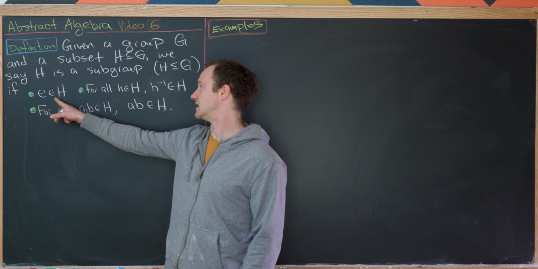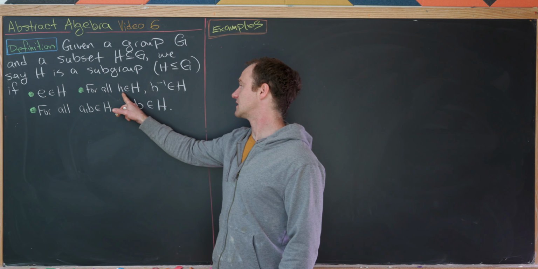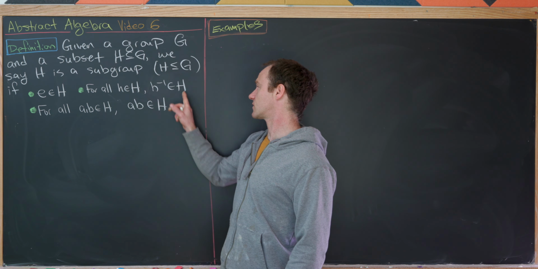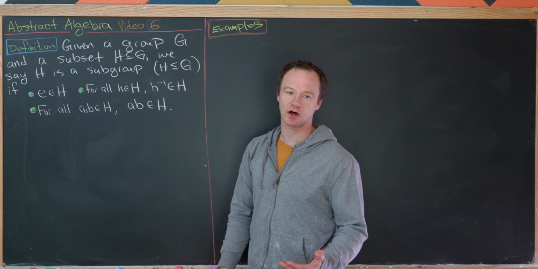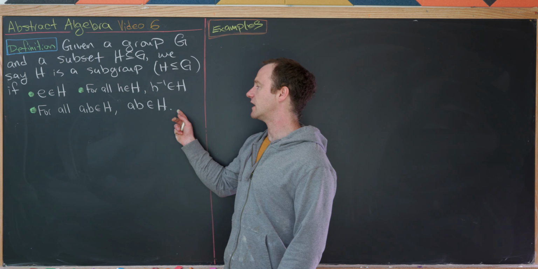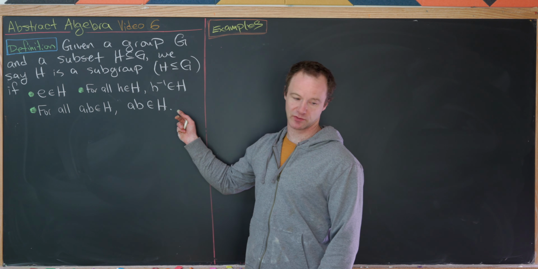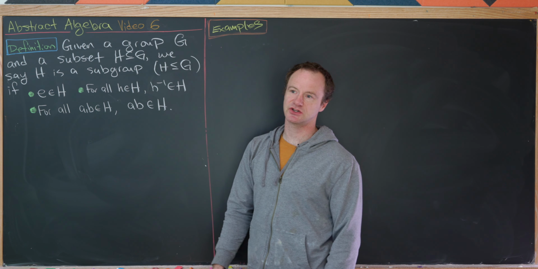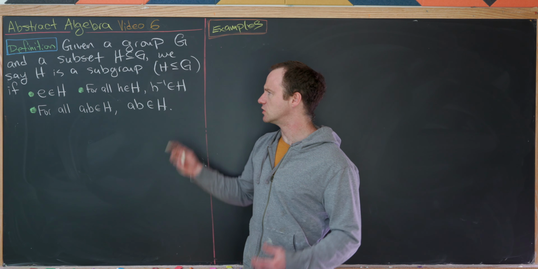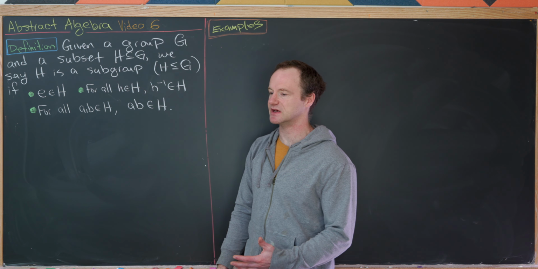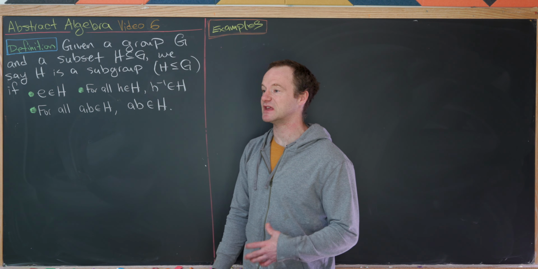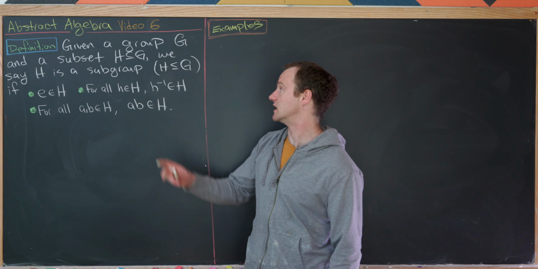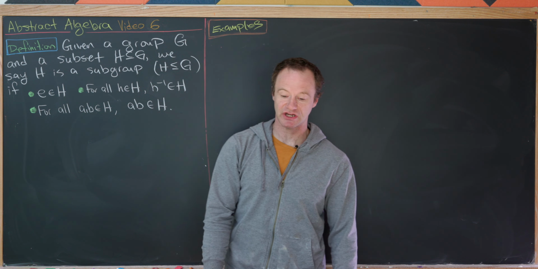If little h is in H, h inverse is in H, so it contains all of its inverses, and it is also closed under the operation. So for a, b in H, a times b is in H. I'd like to point out that there's no talk of associativity here, and that's because the associativity of the operation is inherited from the structure on G.